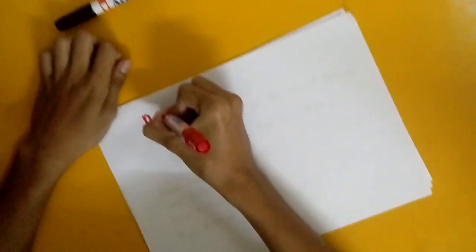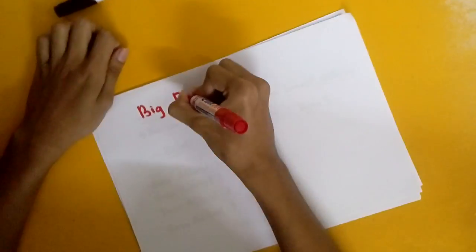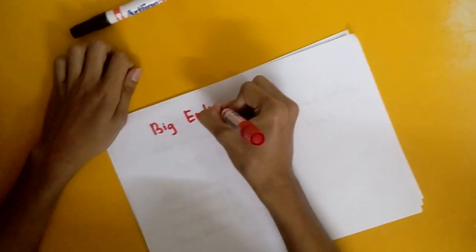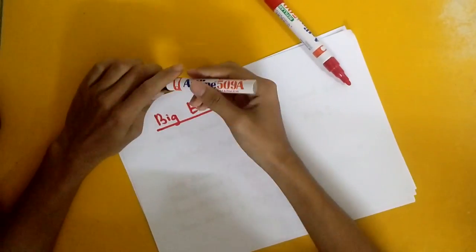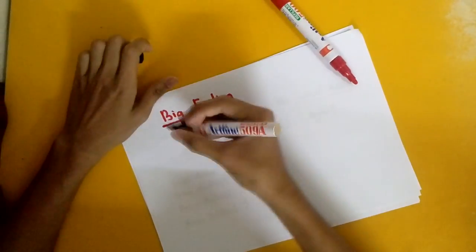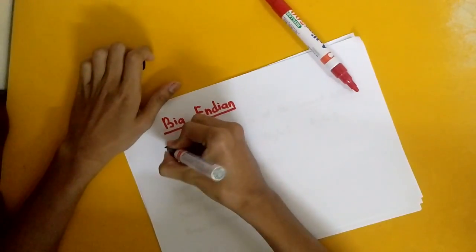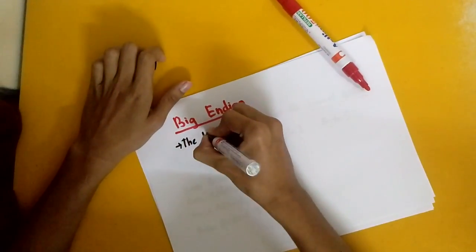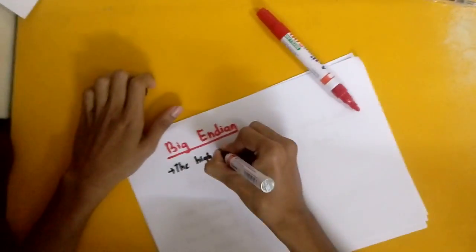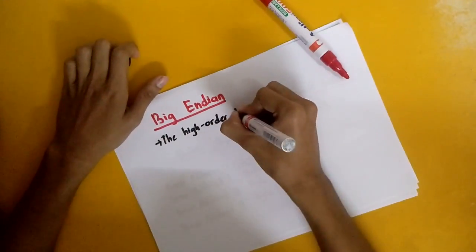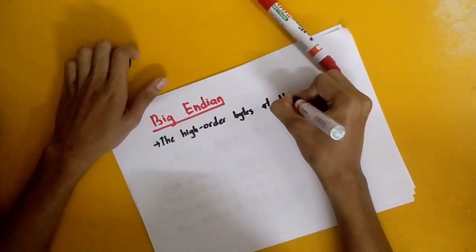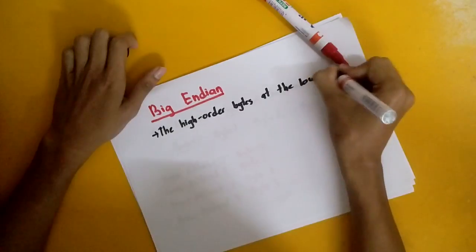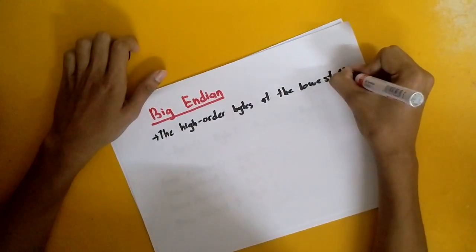Okay, now for Big Endian. Big Endian is the opposite of Little Endian, so that means the high order byte at the lowest address.